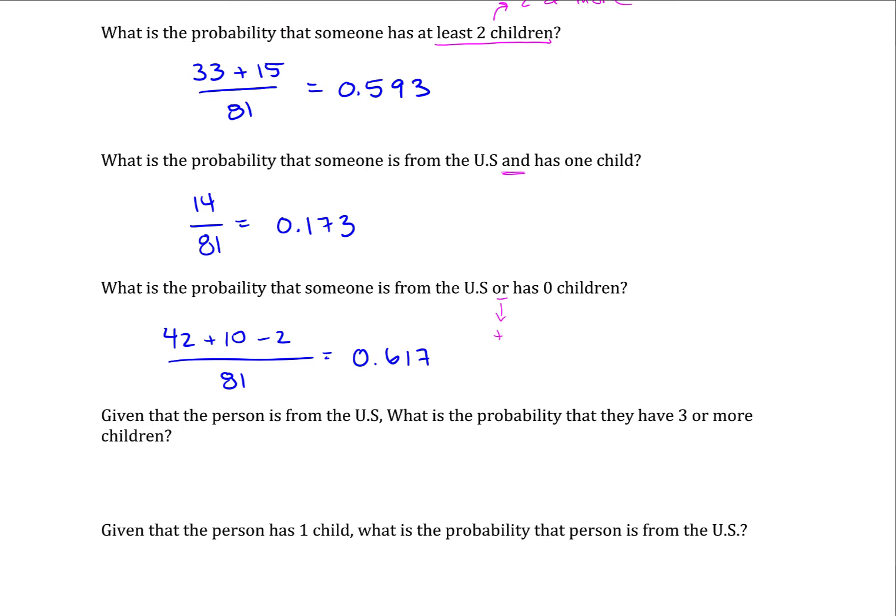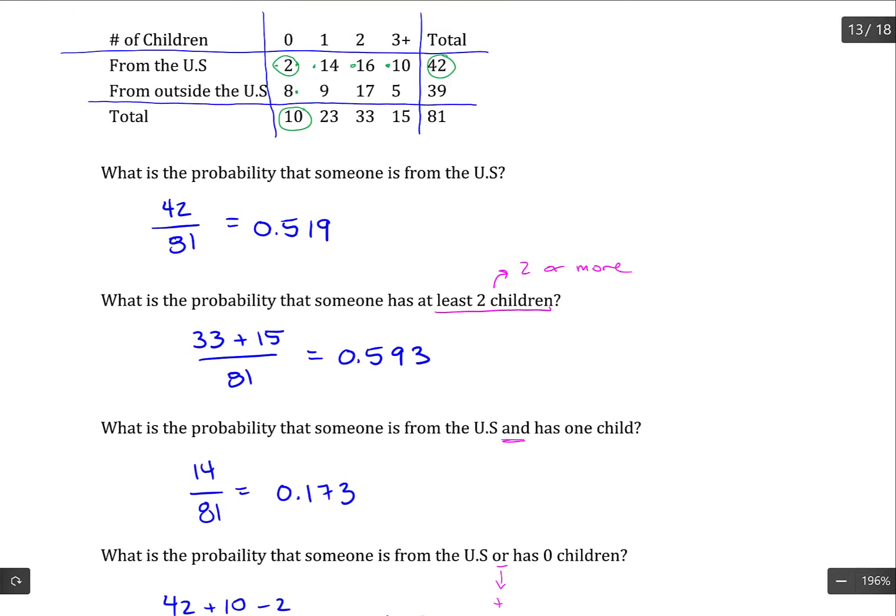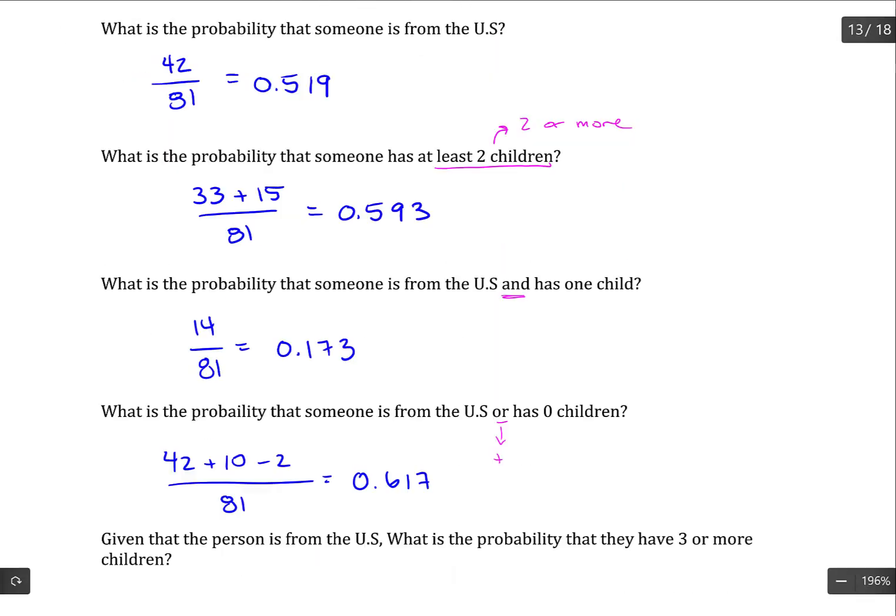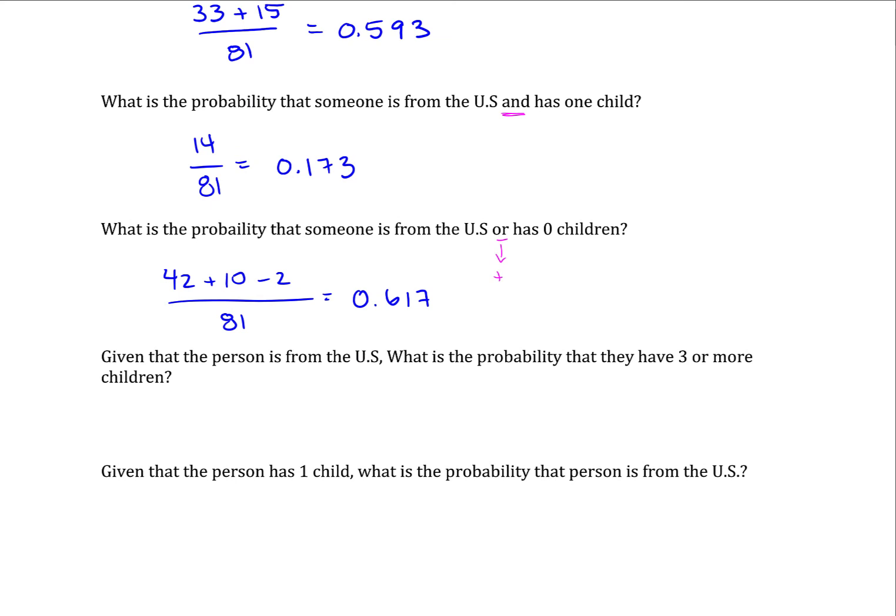Given that the person is from the US, what is the probability that they have 3 or more children? So when we're given a probability, so we know something about our situation, we need to restrict ourselves to just that portion of the table. The rest of the table makes no difference to us. We know this person is from the US.